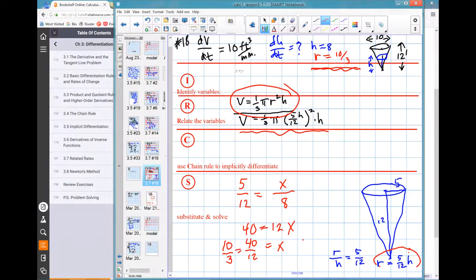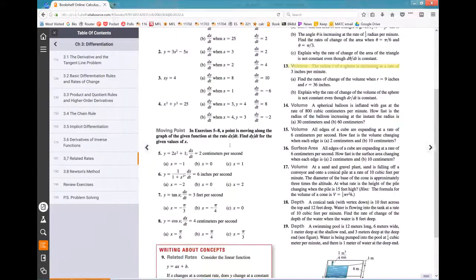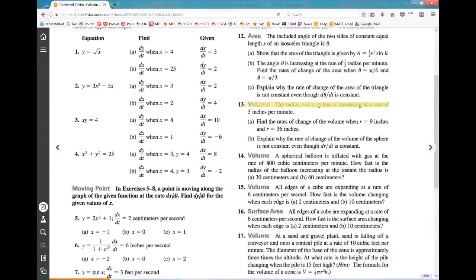So anybody else have any questions? This section on the right side of the page here is pretty typical for the related rates problems.